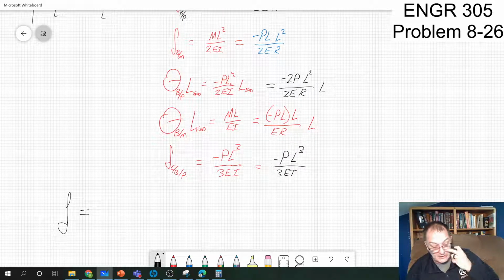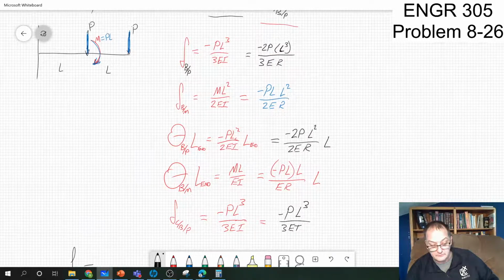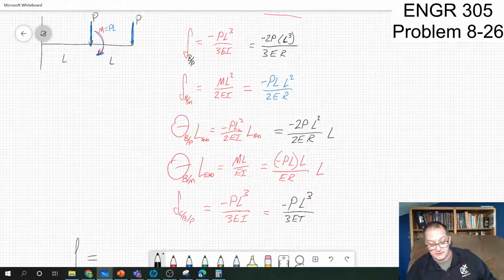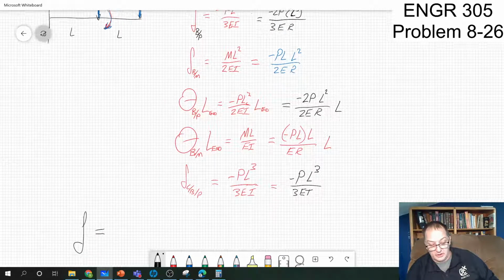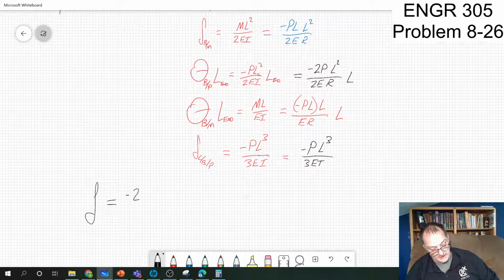My total deflection is equal to minus 2PL cubed over 3ER minus 2PL cubed over 3ER.